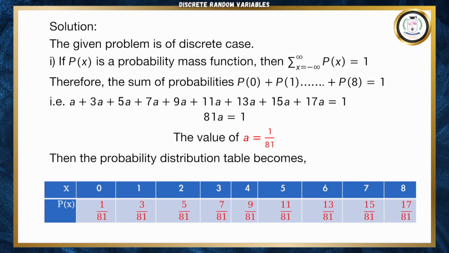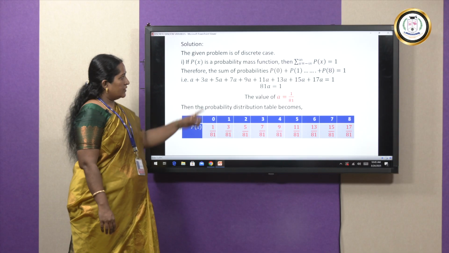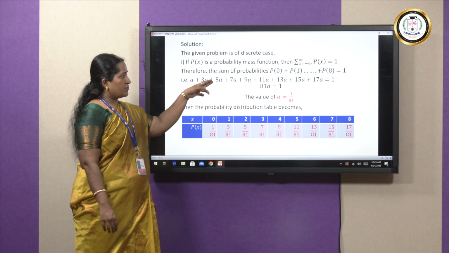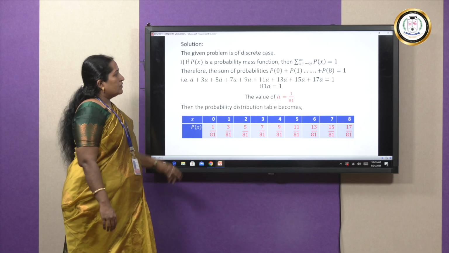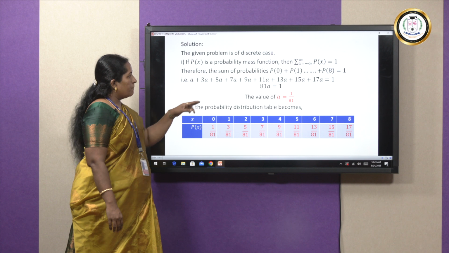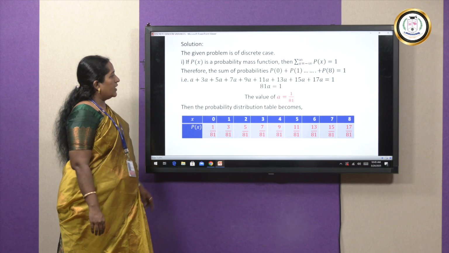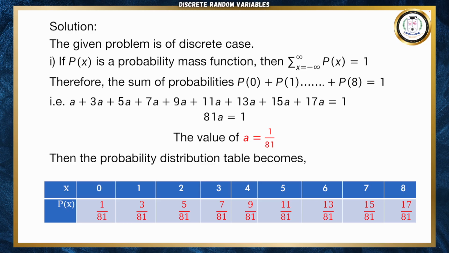So we shall add all the probabilities given, that is p of 0, p of 1, and so on, up to p of 8, which is equal to 1. Inside the brackets are the random variable values, and we use their probabilities. So p of 0 is a, p of 1 is 3a, p of 2 is 5a, and so on, till p of 8.